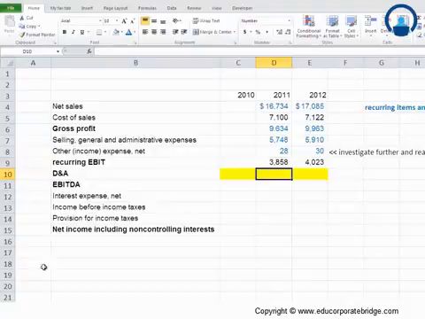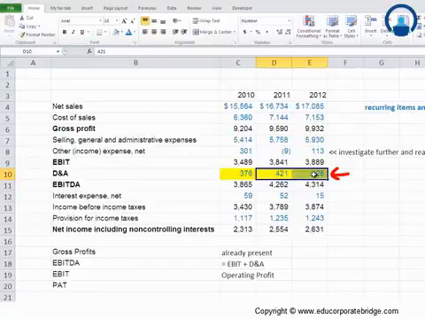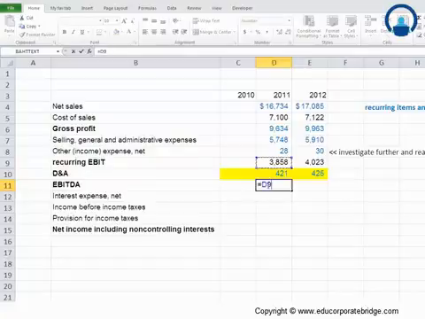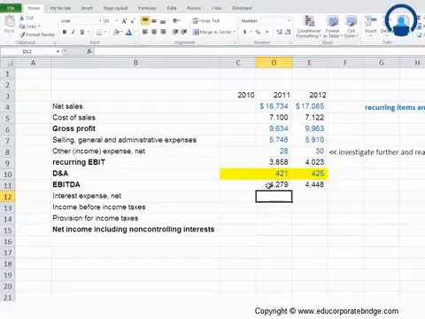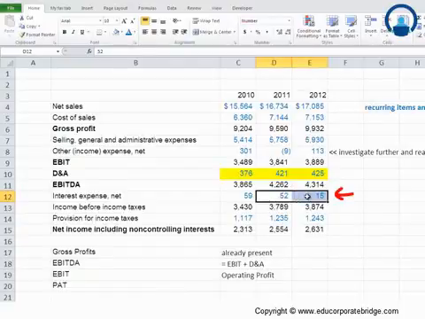Depreciation and amortization charges, which we already have, 421 and 425 respectively. Let's copy and paste these. The EBITDA would be the recurring EBIT plus the depreciation and amortization. Okay. Interest expense, we note that the interest expense is $52 million and $15 million for 2011 and 2012.